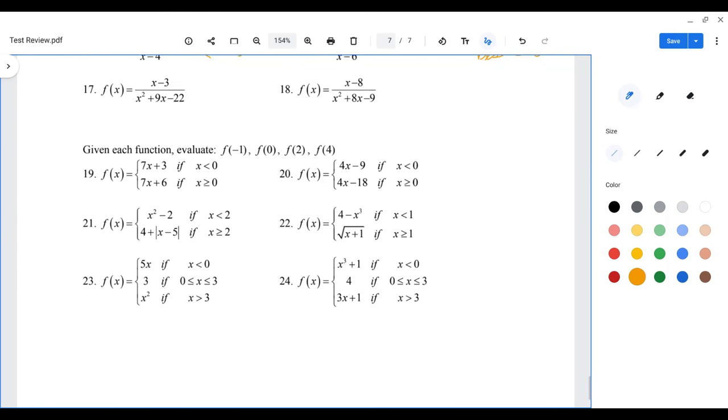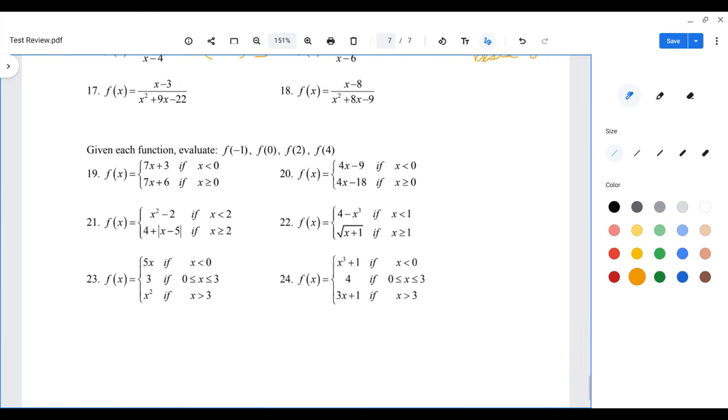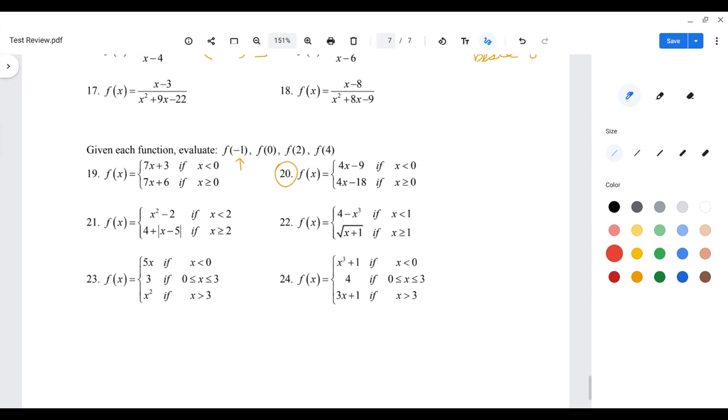And the last question is number 19. So what I'm going to do is demonstrate number 20. In this function, remember when we have a number inside the parentheses, that means that number replaces x. However, when we have a compound function, number 20, we have two different criteria.